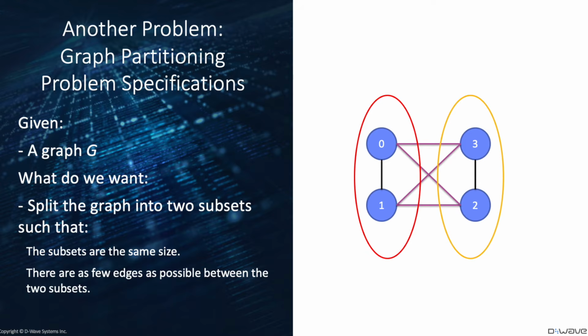So in this case, and this is an easy graph, which we'll talk about coming up, I've split into a red and a yellow, and in this case there happen to be 4 connections, and we'll talk about later how many we expect. But the idea is to divide up the graph into 2 blobs with as few connections between the blobs as you can get.